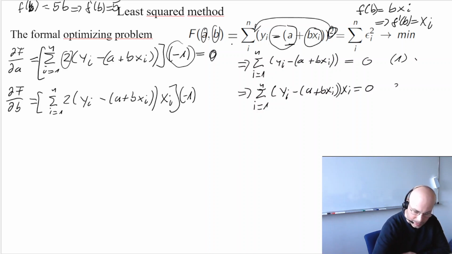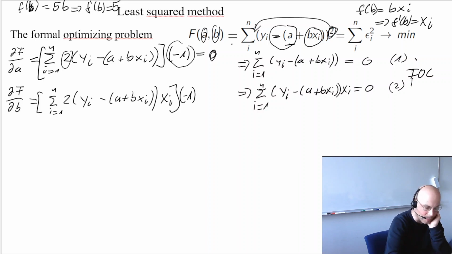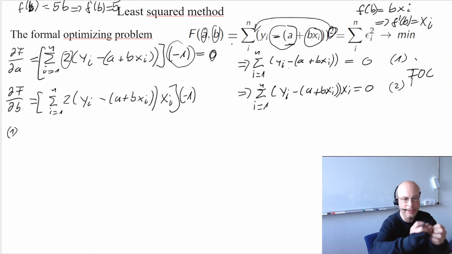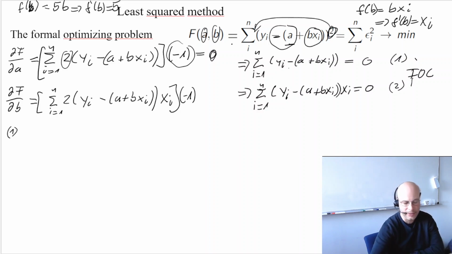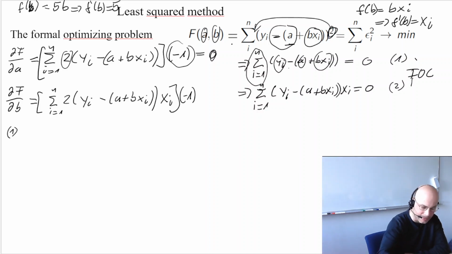And then we just look at these two conditions. These are the first order conditions in order to obtain an optimum. Let's take the first one. This is a sum. Here we have a minus and a plus, so we can divide the sums and the differences. We can take the summations just in front of y, a, and bxi.